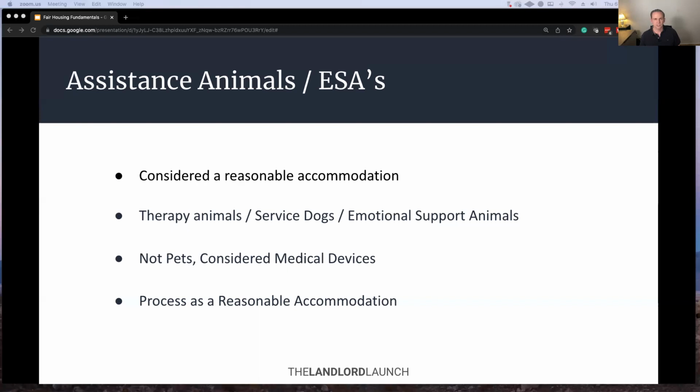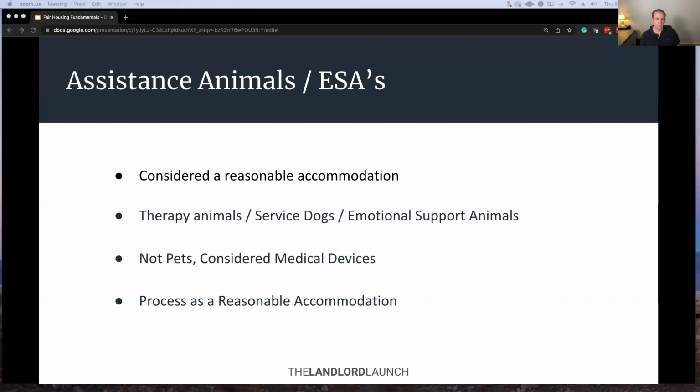Now, these are going to be the animals you see at an airport, the ones that go to the hospitals, the ones that provide comfort to children in a hospital or seniors at a nursing home, things along those lines. And they're just really good animals that are trained, and they're good with people, and usually the owner is a volunteer of some sort or another. They don't have the same protections and the same privileges as service dogs or emotional support animals. They can't go in all the same public areas like a service dog can. You can't automatically take them on an airplane because they're a therapy animal, things along those lines.